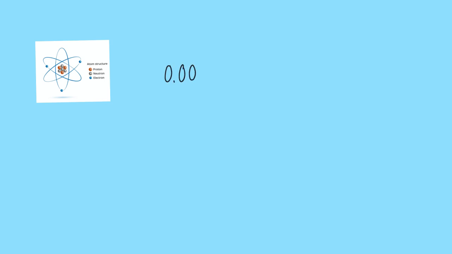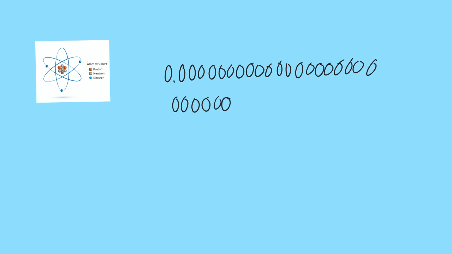Now, scientific notation is also really good at representing very, very tiny things, like an electron. Particularly, we can look at an electron's mass. The mass of an electron in terms of kilograms is 0 point, then 30 zeros, and then 9109 kilograms.